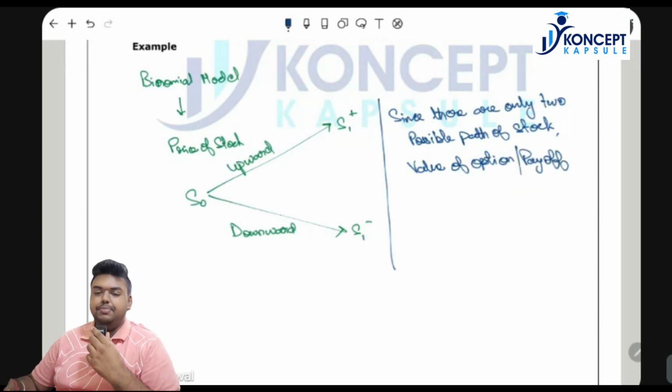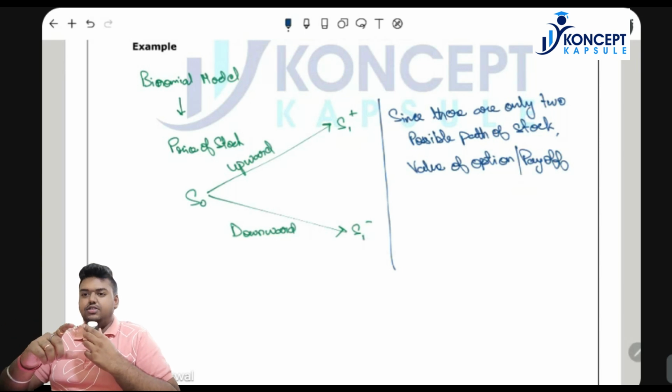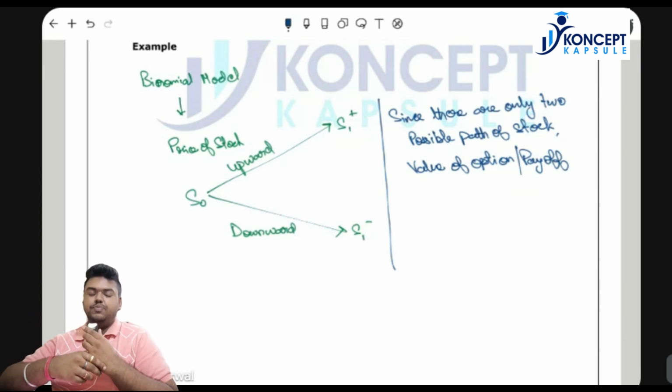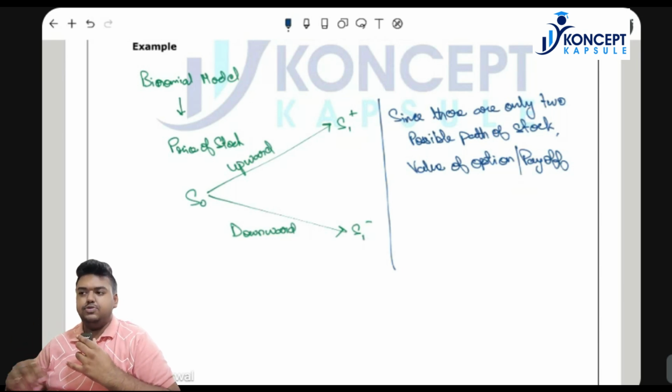Option payoff is nothing but the $500 or the $0 which we were discussing in the previous class, when the gold rate moved from 10,000 to 10,500 or 9,500, the difference between the exercise price and the stock price or the commodity price was the payoff.